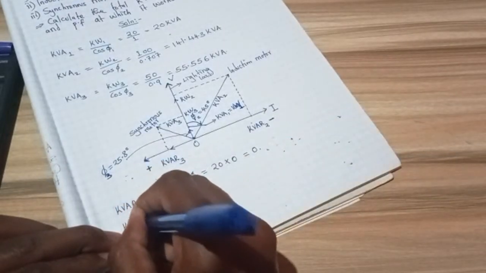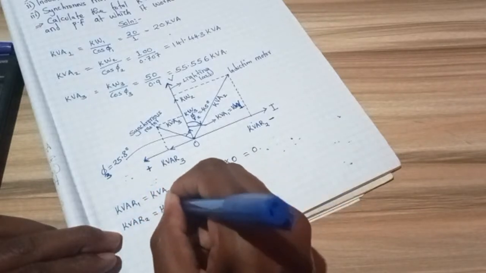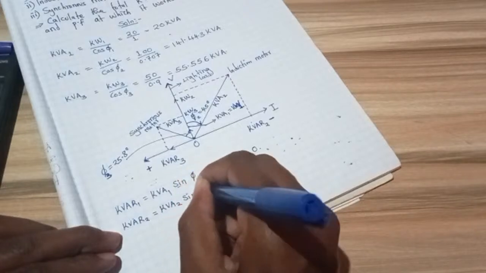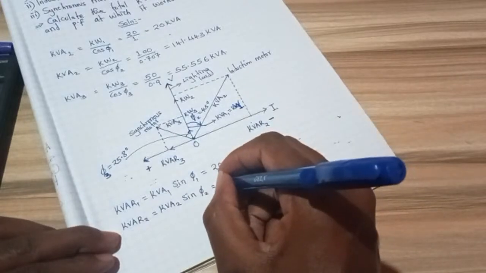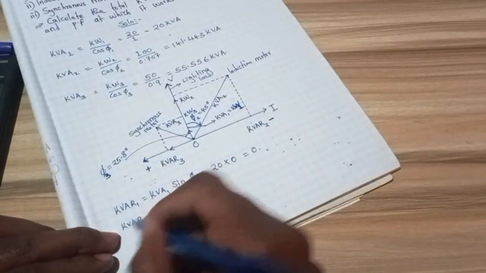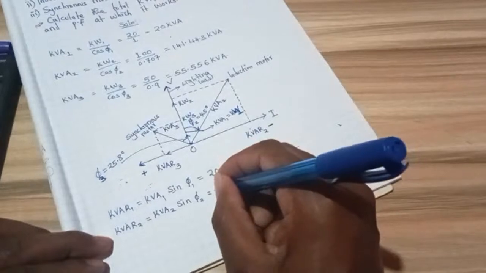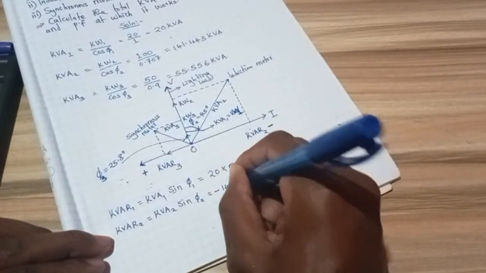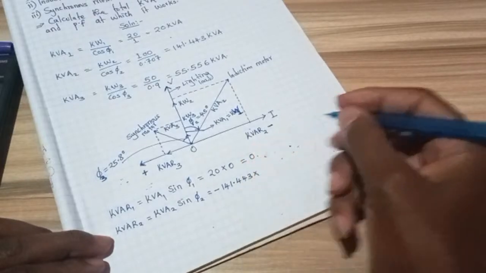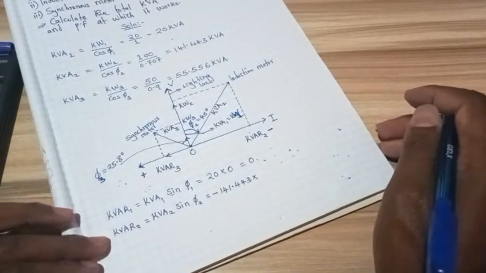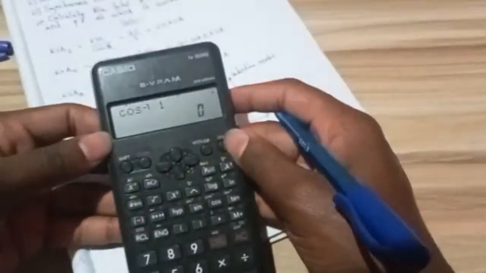Then we have kVAR 2, which is given by kVA 2 sine of phi 2, and this is equivalent to, now this power from the diagram here, we have seen that it is lying on the negative side, so this now becomes negative 141.443. We multiply by sine, so again, we'll do the reverse of it.